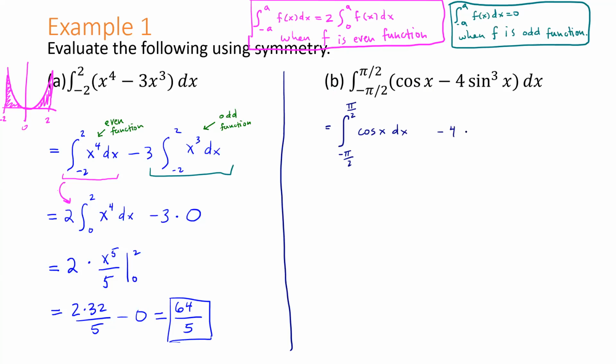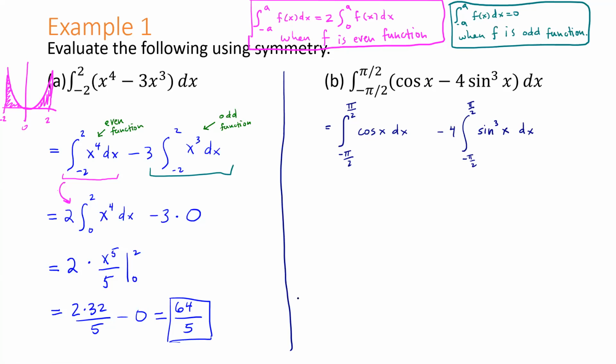And then minus 4 times the integral from negative pi over 2 to positive pi over 2. What kind of symmetry does the graph of cosine have? Is cosine an even or an odd function?